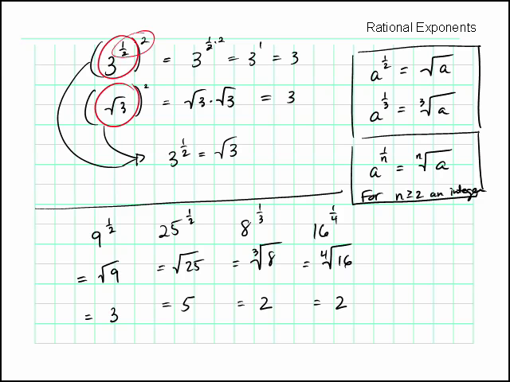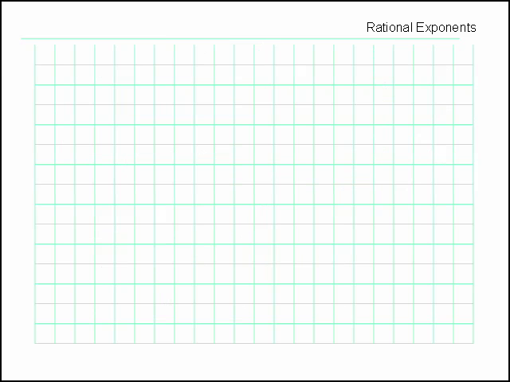Here's some more. 36 to the 1/2 power means the square root of 36, which is 6.